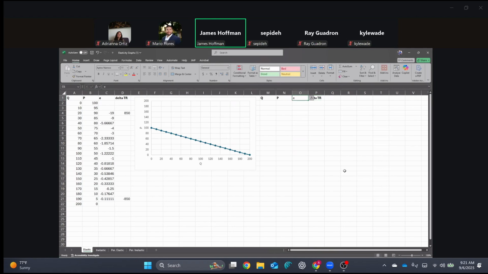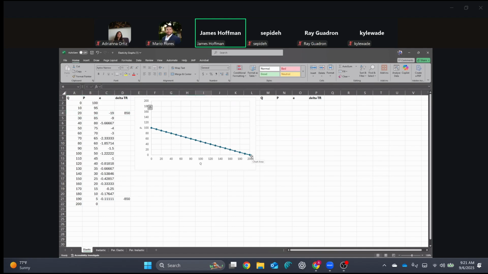For now, just focus on quantity and price. It doesn't really matter what numbers we put in. The only thing that matters is we want to illustrate a scenario where, when price goes down, demand changes by more than that percentage. You can see that clearly: if price goes down $5, demand goes up 10. So I'm showing that the responsiveness of demand is bigger than the price change.